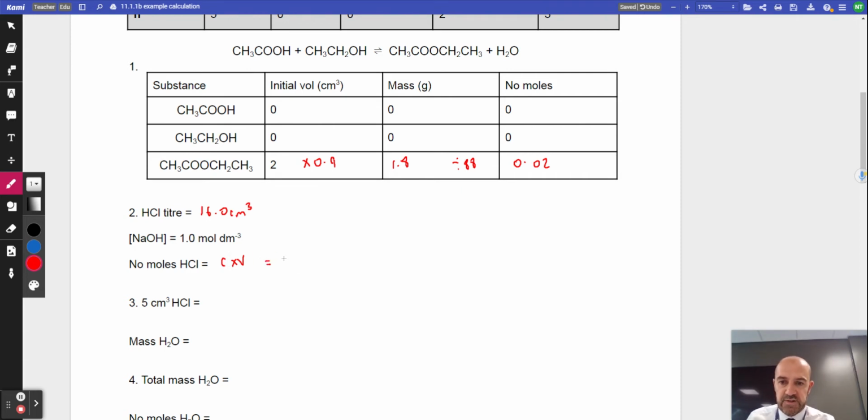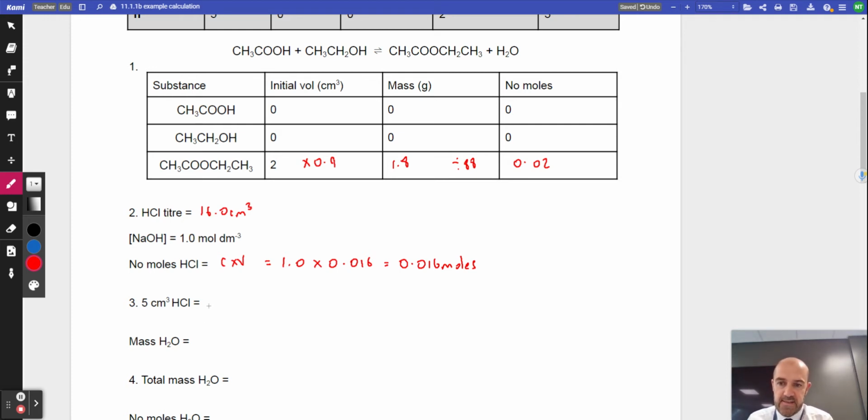So the concentration is 1.0, the volume in decimeters cubed is 0.016. So the number of moles of HCl is 0.016 moles.